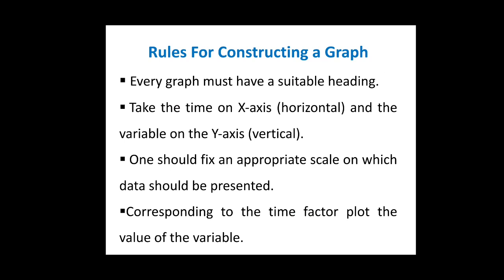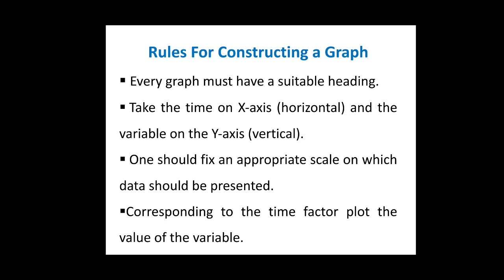Students, it is conventional to take the independent variable on the horizontal axis, that is on the x-axis, and dependent variable on the vertical axis, or we can say y-axis. Thus, in case of time series graphs, time is represented on the horizontal axis and the values of dependent variables are represented on the vertical axis.